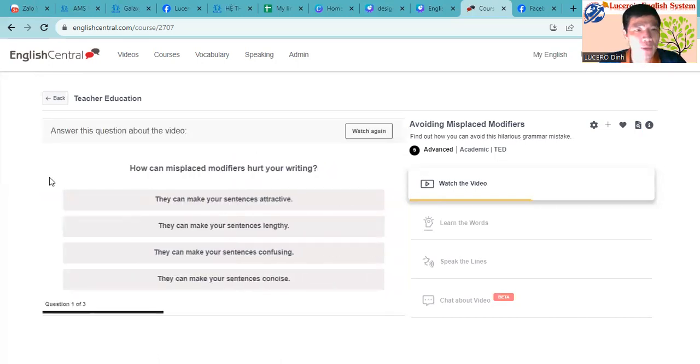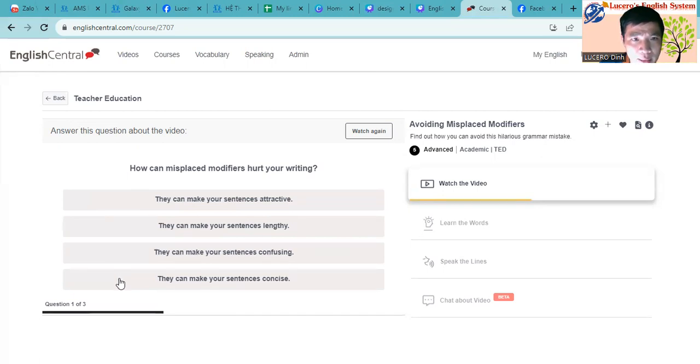Okay, so now let's try to answer some questions. How can misplaced modifiers hurt your writing? They can make your sentences attractive, they can make your sentences lengthy, they can make your sentences confusing, and they can make your sentences concise.